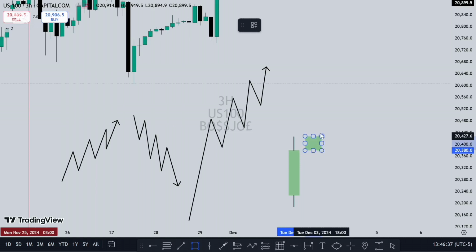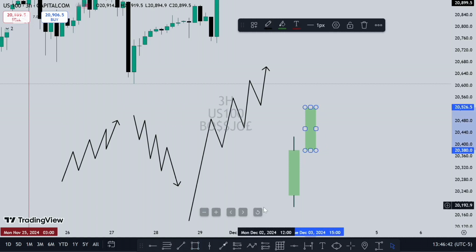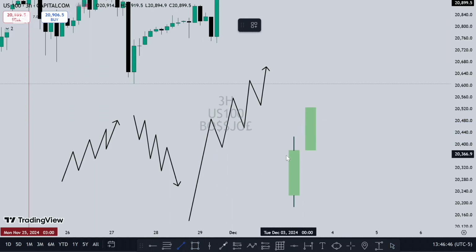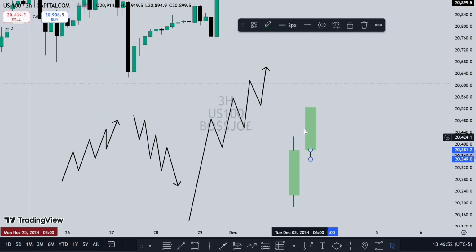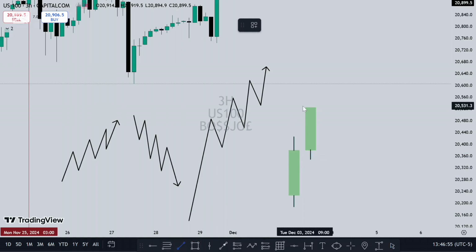Another candlestick opens right here, and its tail is right here, and the upper portion right here.